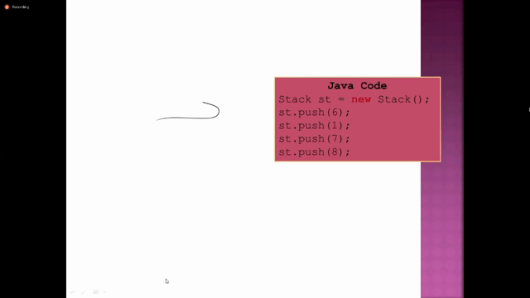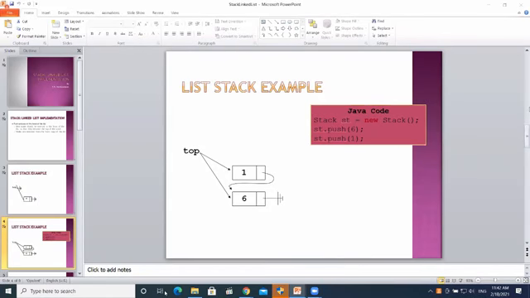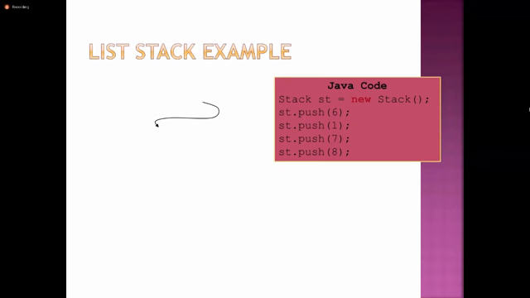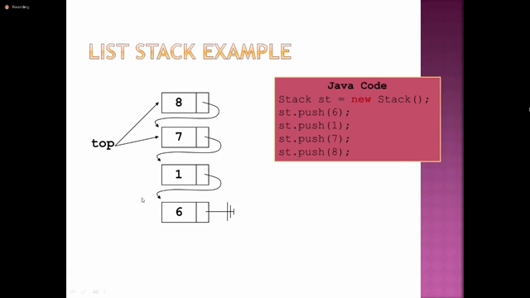When implementing the stack using the linked list, you have to keep in mind the features of the stack as well as the features of the linked list. That is the most important point to be discussed.